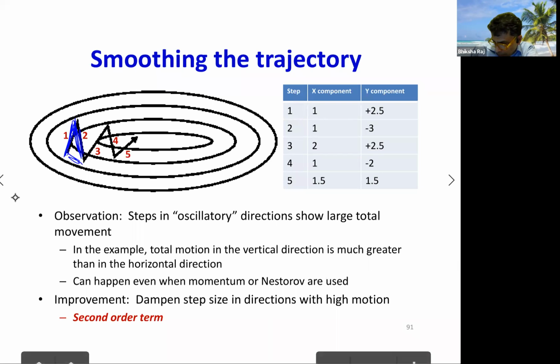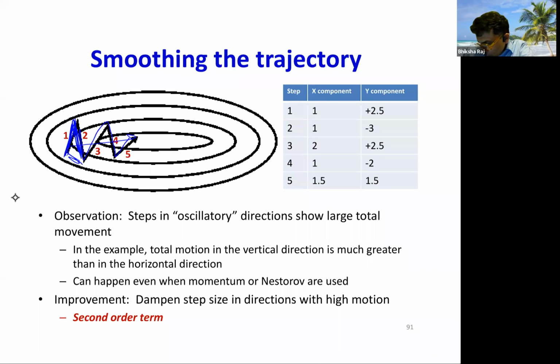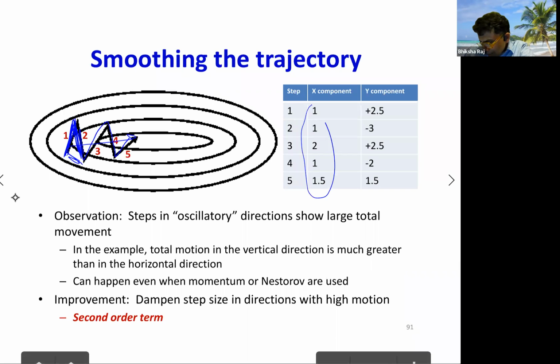If you take it over all of the steps, it's moved around so much, but the net is only this much. And so if you look at the total movement in each of the X and the Y components, you will see that in the X component, it's consistently moving 1, 1, 2, 1, 1.5. The actual, extra movement that's happening is happening because of the Y component where it keeps bouncing around.